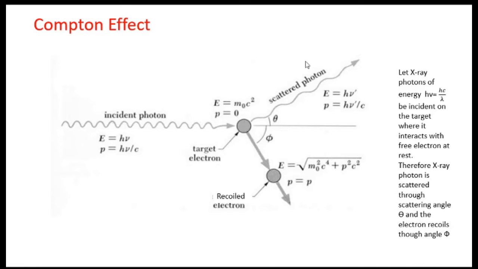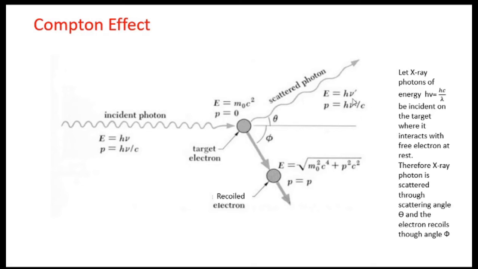Now, the incident X-ray photon is scattered through an angle theta. So, this is the scattered photon and its frequency or energy has changed. If its frequency after being scattered is nu dash, its energy will be given by E is equal to h nu dash. This can also be written as E is equal to h c upon lambda dash.